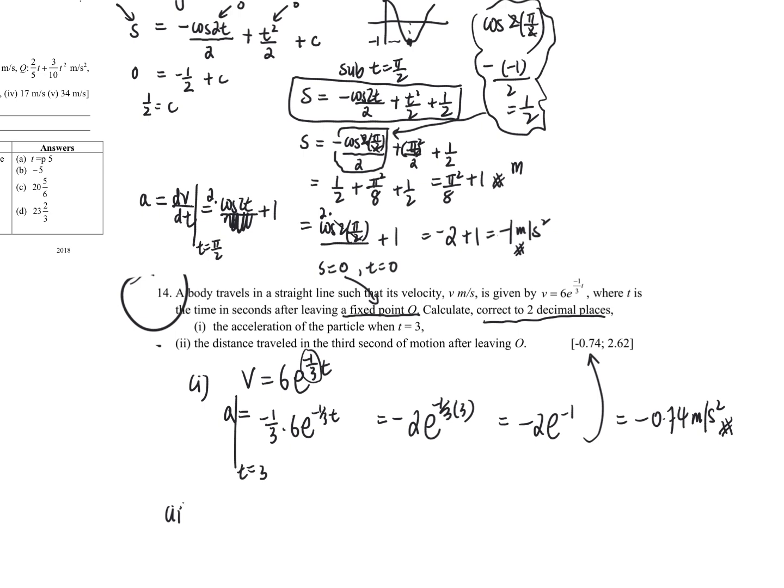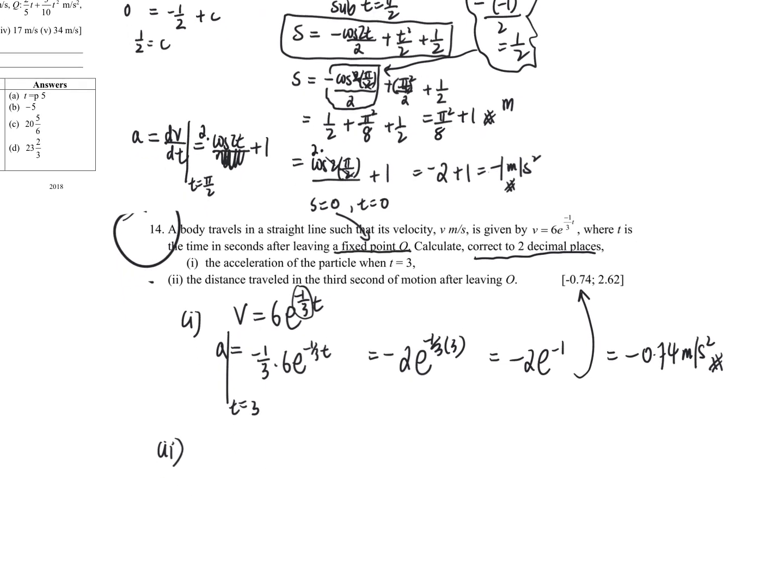Okay, part 2. The distance traveled in the 3rd second of motion. Okay, this one is important. From 0 to 1, we call it the 1st second. From 1 to 2, it's the 2nd second. Okay?